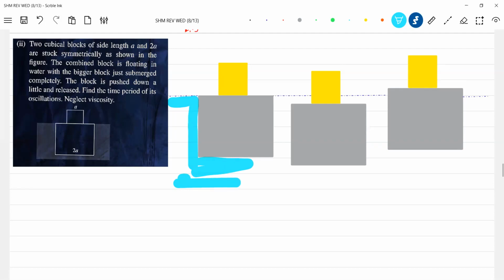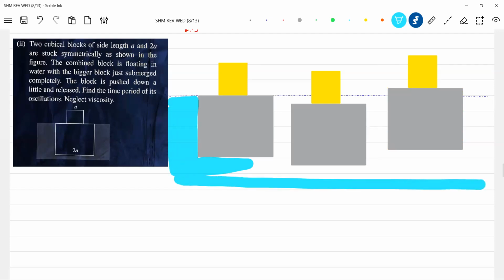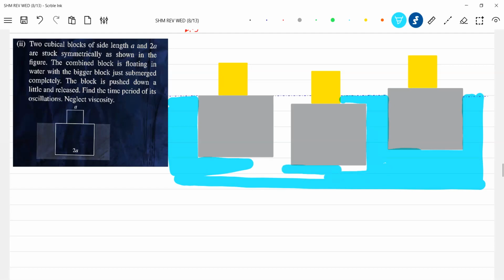Through the diagrams, you might have got the idea of what to do.